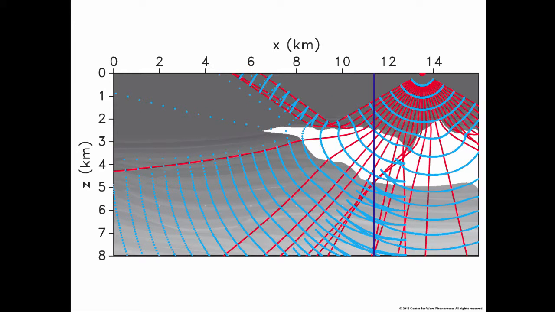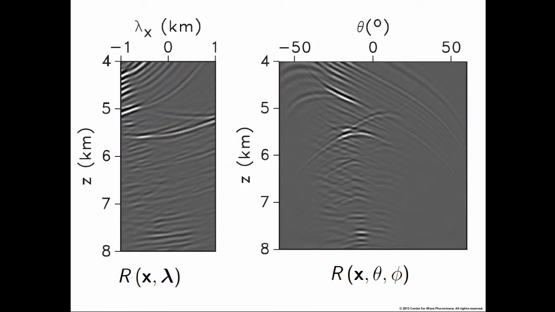For example, let's look at the 6D model I introduced before, where we have triplicated waves and trouble imaging subsalt from 4 to 8 kilometer depth. The location of the CIG is indicated by the blue line. First we compute the panel on the left, which is the space lag gather, and then we slant stack in this image space to obtain the angles.